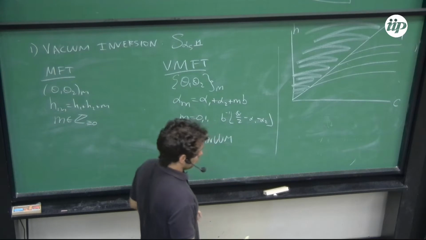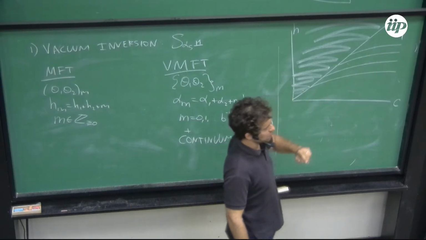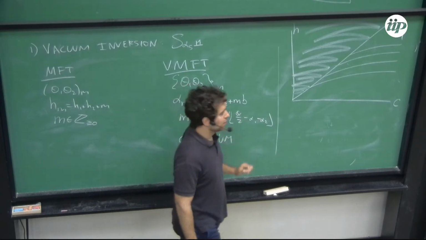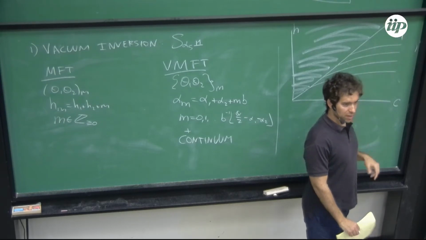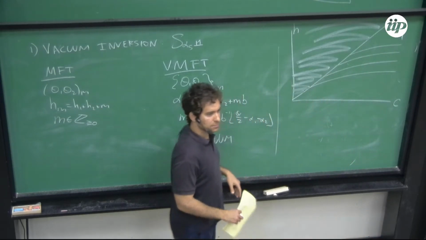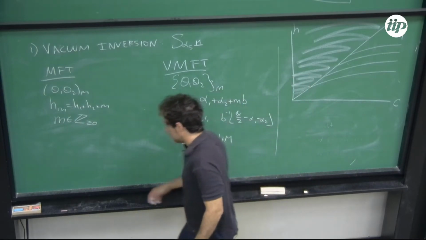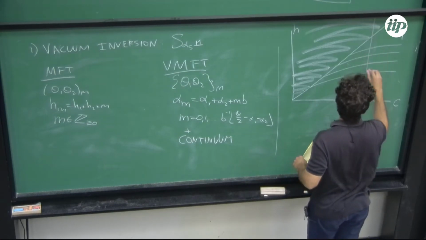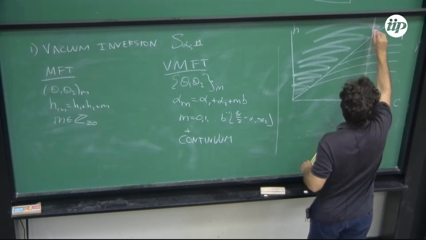At infinite central charge, you have an infinite tower. In our conventions, in terms of b, large c is small b, and the upper limit here goes to infinity. And so you have an infinite tower of discrete trajectories, and the continuum runs off to infinity, and you recover MFT. At any finite central charge, though, you have, say, like this, some finite number of these discrete trajectories plus this continuum.